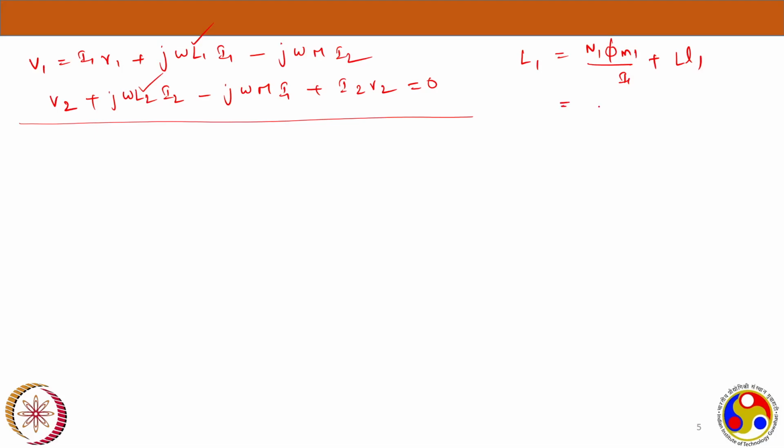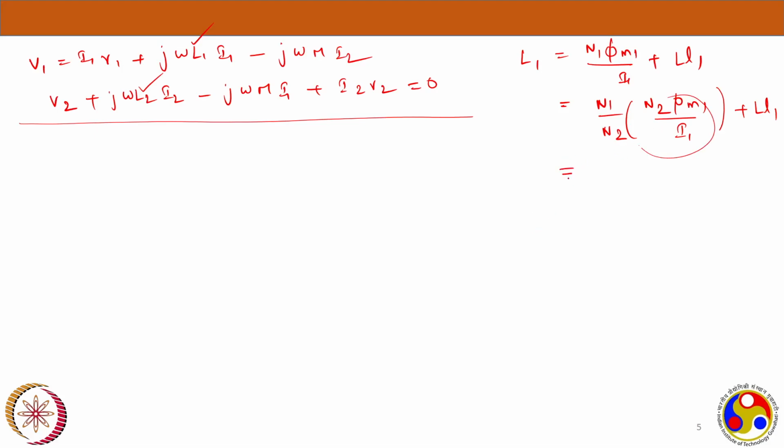Now I'm trying to replace this flux term, so I will divide by N2 and multiply by N2 here: N2 phi M1 by I1, times N1 by N2, plus LL1.